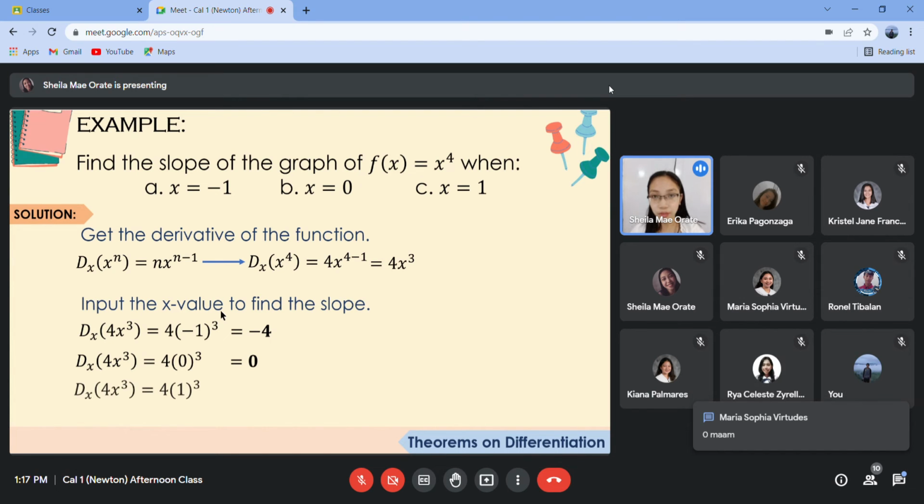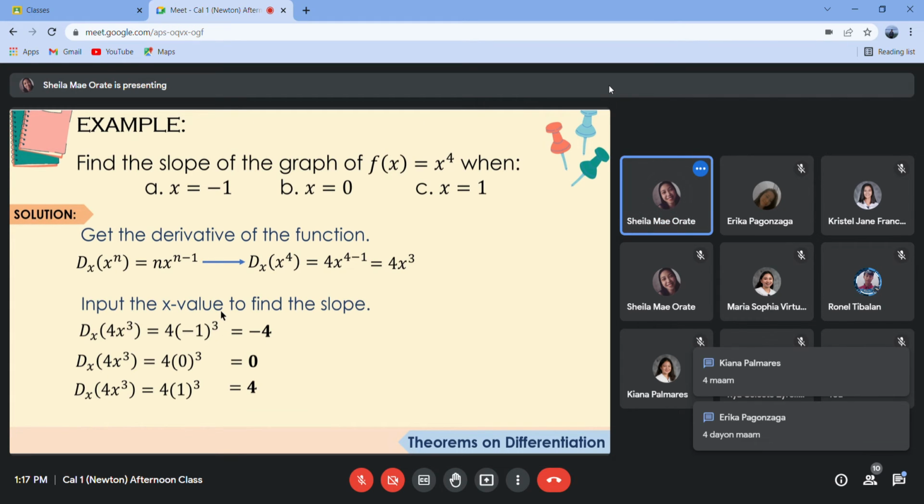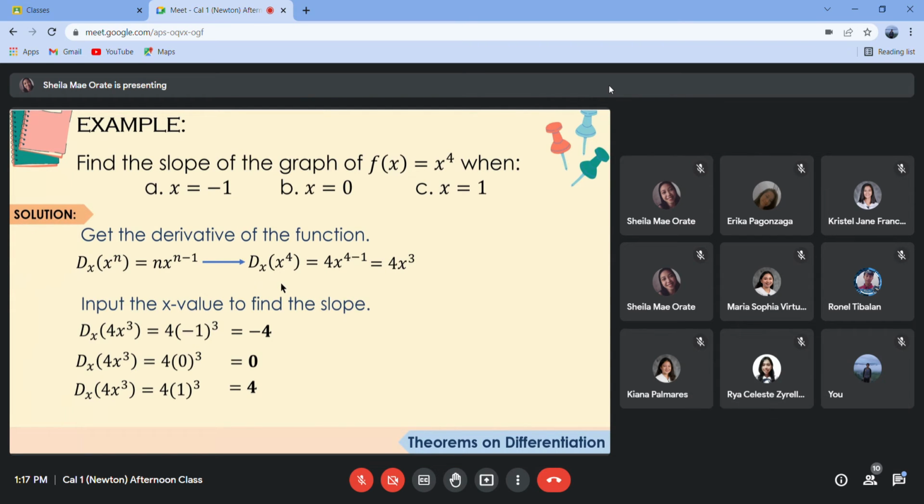And lastly, we have 4 times 1 cubed, and our slope here is 4. So at x equal to 1, the slope is 4.